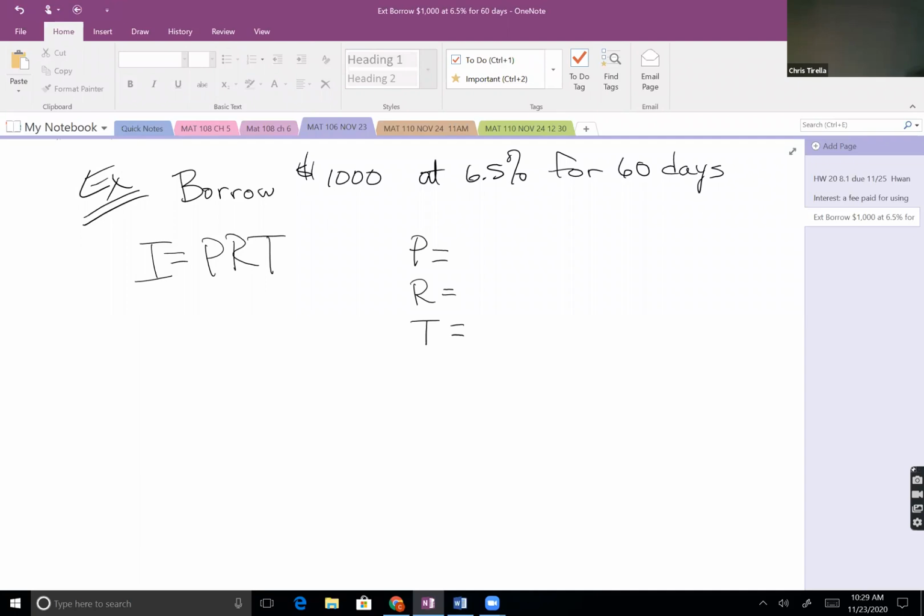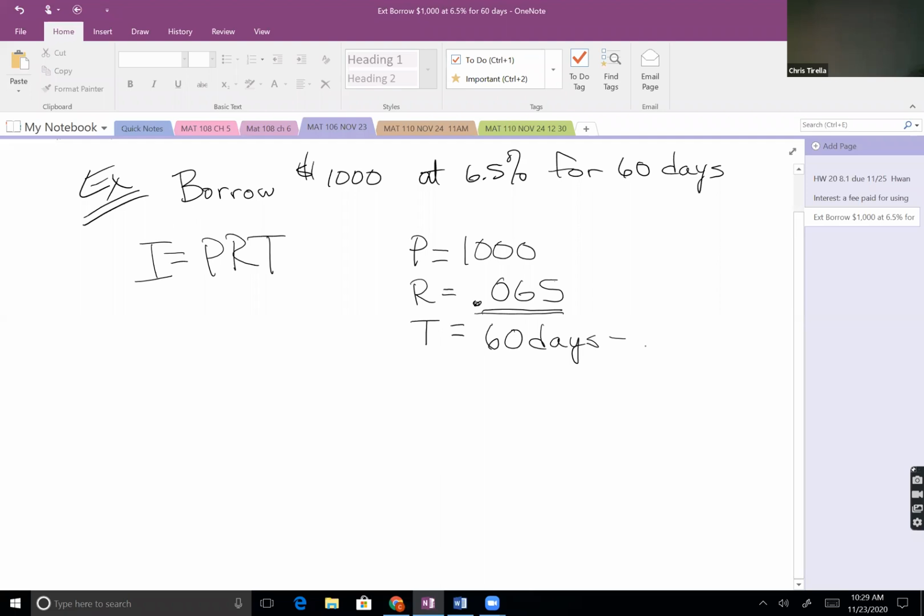What's P? 1,000. Beautiful. What's R? 0.065. Make sure you write it as a decimal. Now T is 60 days.